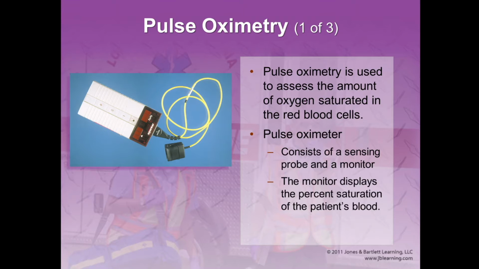We don't have them, so I don't know if anyone's ever really noticed what they are, but it's a little probe that goes on to the person's finger and essentially just reads the red blood cells in the person's blood. So a normal person will have anywhere between 96 to 100% oxygen saturation. Anything under 96%, you wouldn't be wrong to deliver oxygen to them.